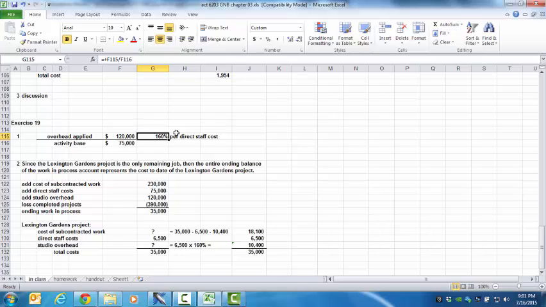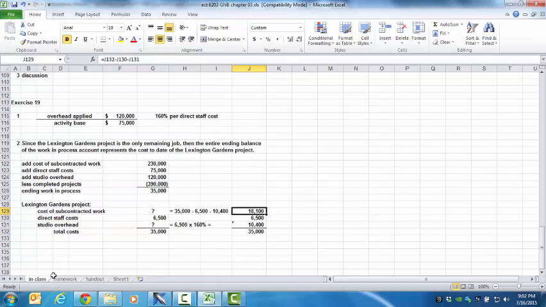But now that we know the overhead rate is based on direct staff costs, you can take that 160% and multiply it by the $6,500, and you get your applied overhead of $10,400. Now I'm in business because I have just one unknown. The cost of subcontracted work is just process of elimination: 35,000 minus 6,500 minus 10,400 leaves you $18,100.